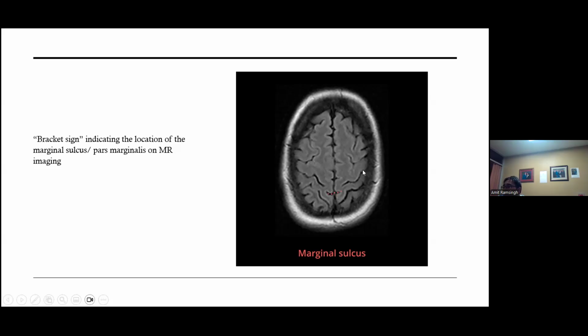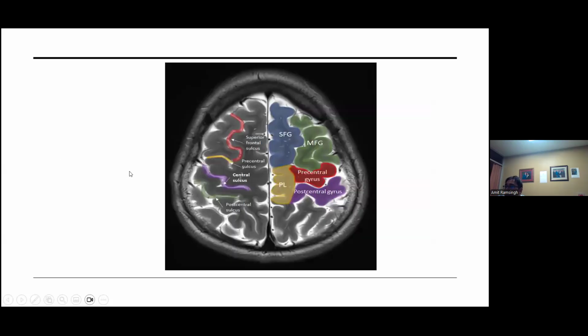And we see here, that's the omega sign right there. And just posteriorly to that, immediately posteriorly, almost like a bracket, in the orange here, that's your marginal sulcus right there. So if you know the location of that, you could work out the location of the central sulcus and the precentral gyrus as a result of that.